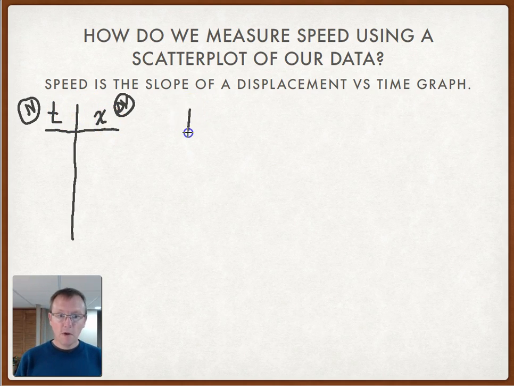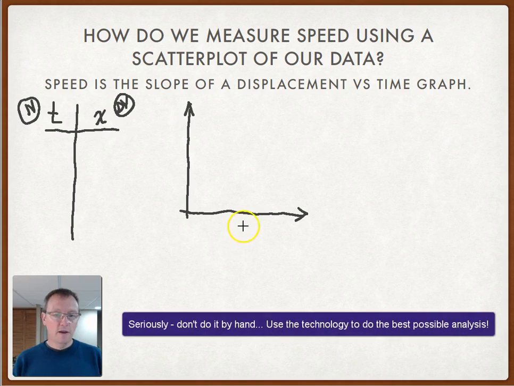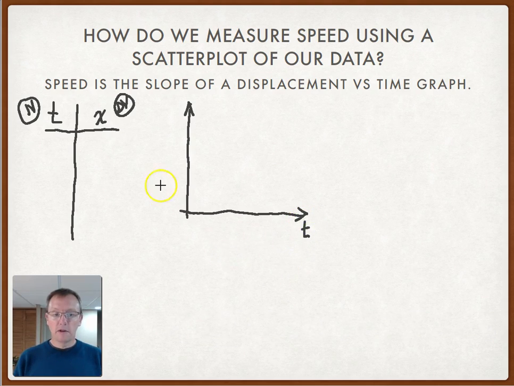So what do I do with that? Well, on Google Sheets or Excel or Graph Analysis or Logger Pro, or just by hand if you're so inclined, we would create an XY scatter plot. On an XY scatter plot, typically the independent variable goes on the x-axis, and the dependent variable goes on the y-axis.